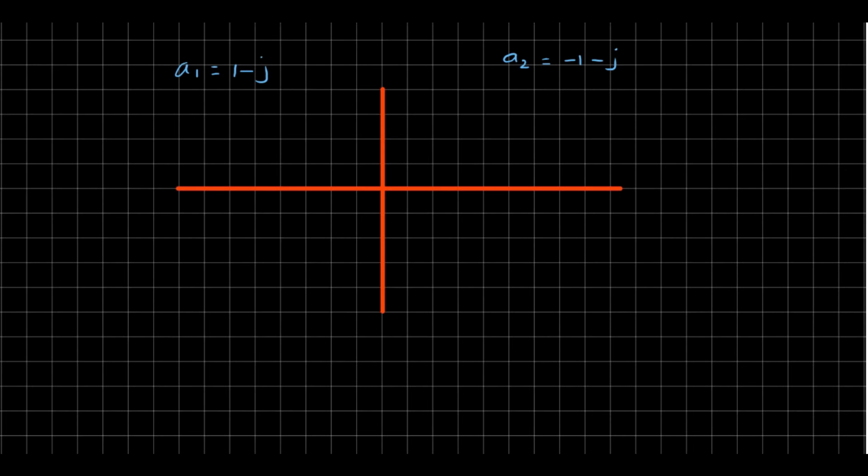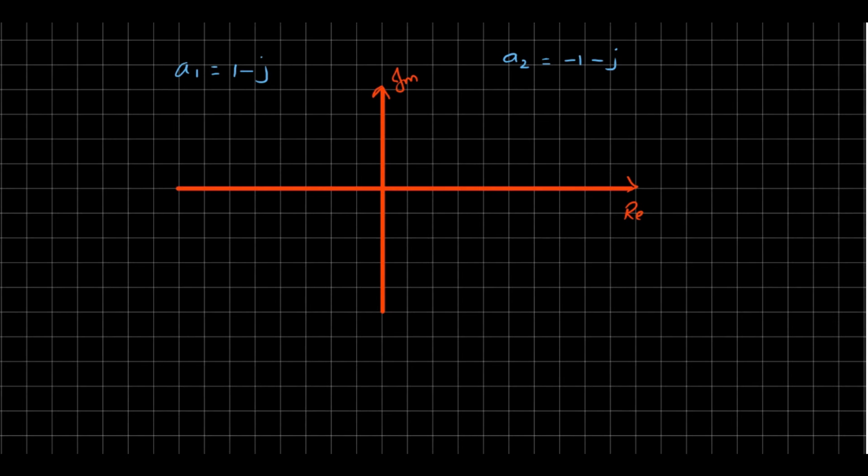The given values are A1 is 1 minus j and A2 is minus 1 minus j. Now I am trying to represent these on a complex plane. The x-axis is simply the real axis and the y-axis is imaginary.